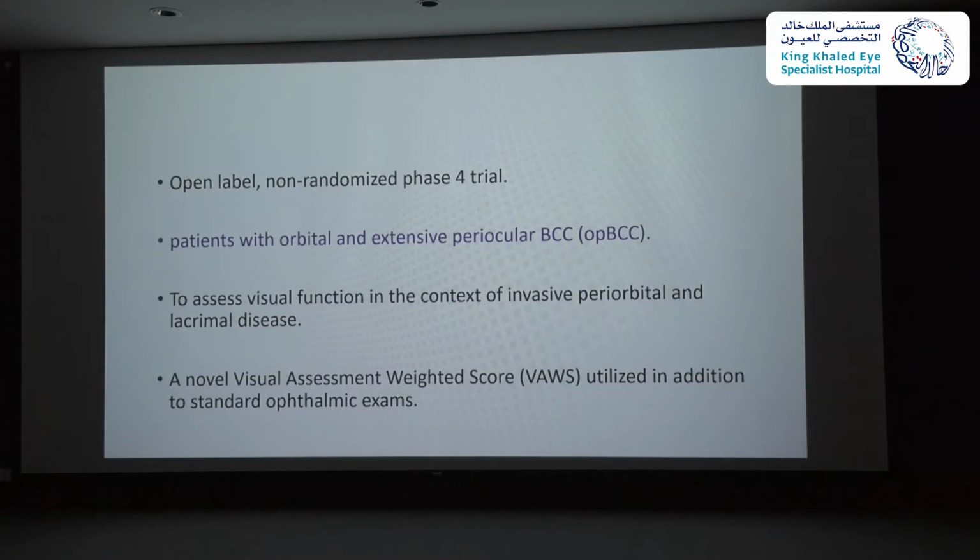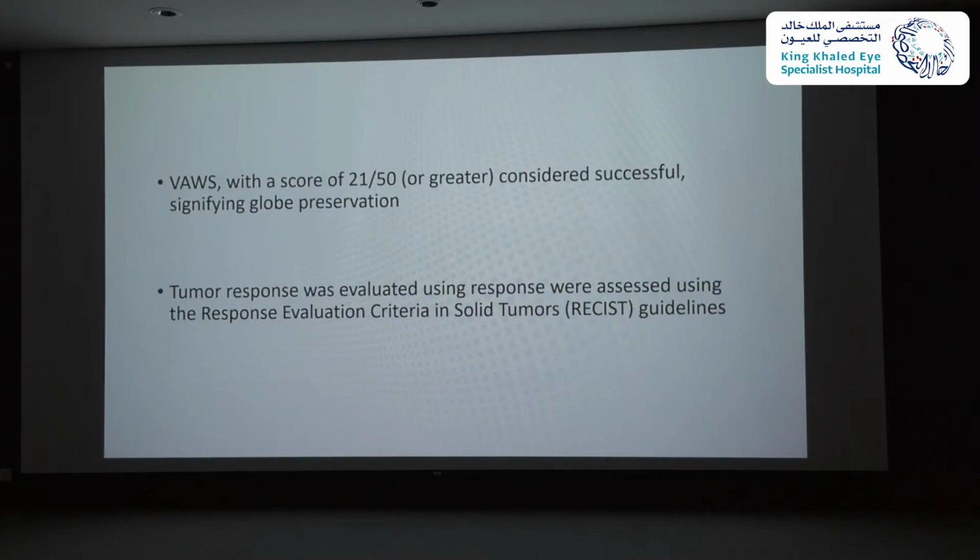They made a visual assessment weighted score to utilize in this study. It contains 8 items that we will go through in the coming slides. They made a score of 21 in this VAWS score or more to be successful, a lower score signifying low preservation in these patients.